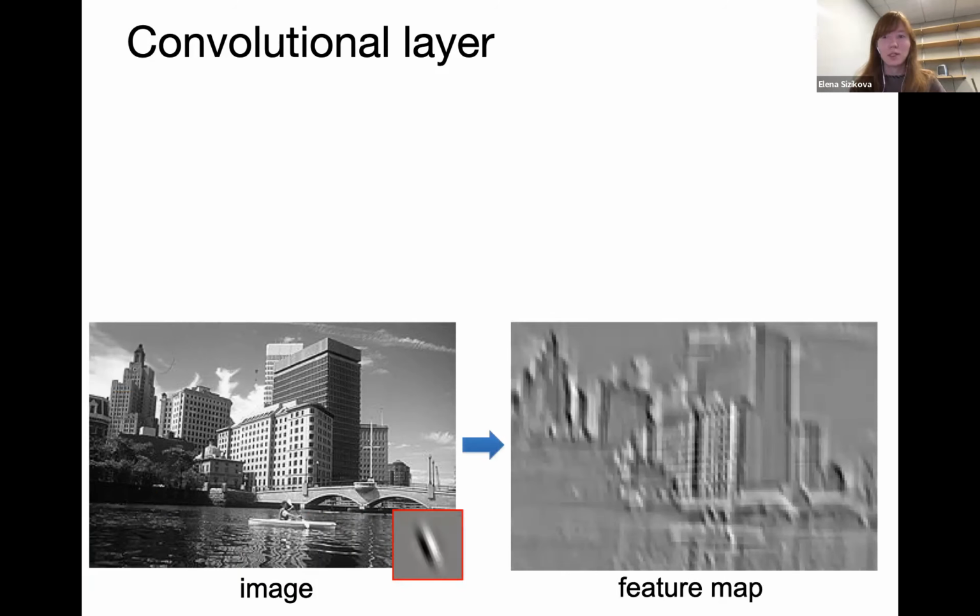In this visualization, the filter is diagonal, and after sliding it, I get a feature map which looks like the one on the right. It may be resized a little bit to match the resolution of the image, or depending on the step size, which is the stride, I get a different number of output pixels in the feature map.